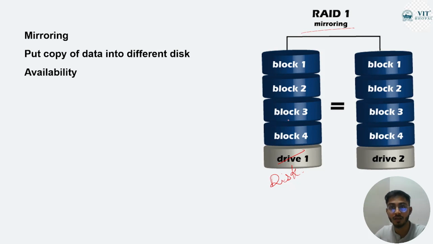If one disk fails, you can retrieve data from the other disk. This is the purpose of RAID 1, and this technique is known as mirroring. Put the copy of data into different disks. Okay, and this helps in availability, which means you can access data even when one disk fails.